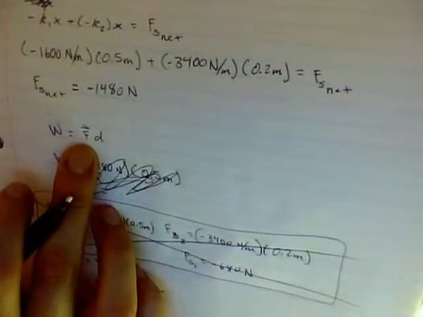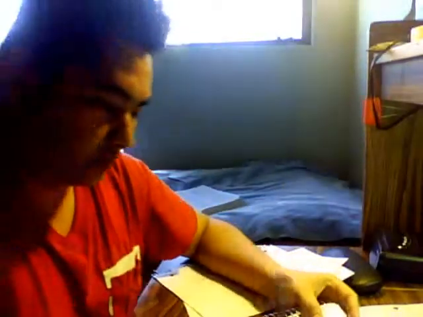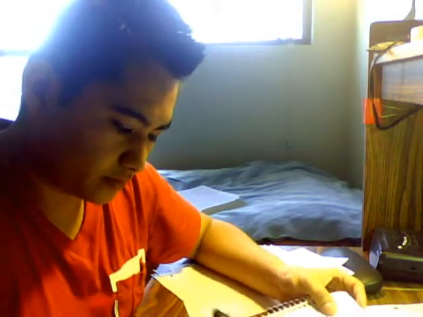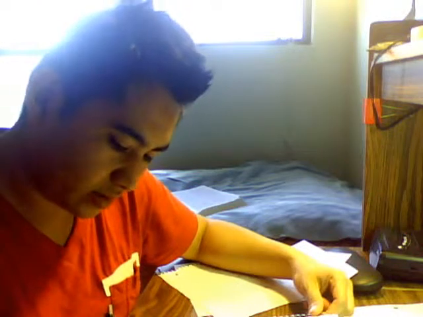So force would just equal work over displacement. We determined that our net work is negative 268 joules. So we plug that in and divide it by the displacement, which is 0.5 meters. That should give you a force of negative 536 newtons.